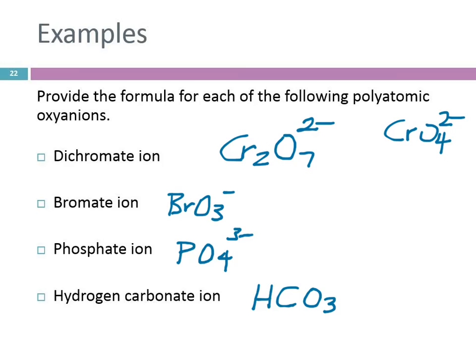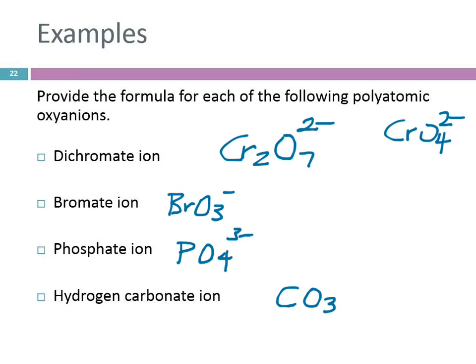So I'm going to get rid of the H for a minute. Carbonate is CO3 2 minus. When we make it into hydrogen carbonate, we're adding a hydrogen ion, an H plus. So here we have a +1 and we have a -2, and those are going to add up to -1.